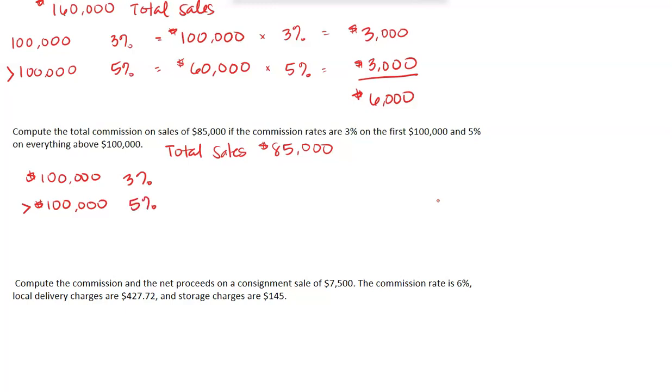Okay, because $85,000 is less than $100,000, they'll be only at the 3% rate. So take the total sales and multiply that by 3%. And this gives me $2,550.